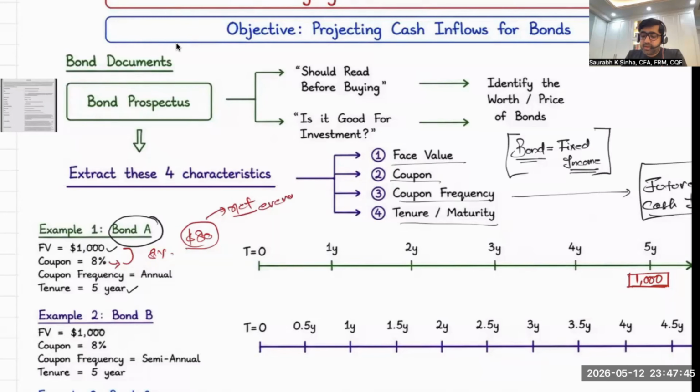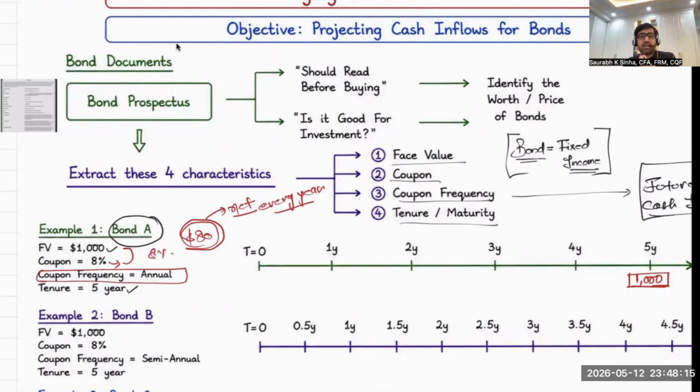Please note, for this, you don't have to look for coupon frequency. Coupon frequency is an important information. But when you look at coupon 8%, it means 8% of 1000, so 80 net every year. You will receive $80 net every year. But when? Is it in parts or is it a single payment?